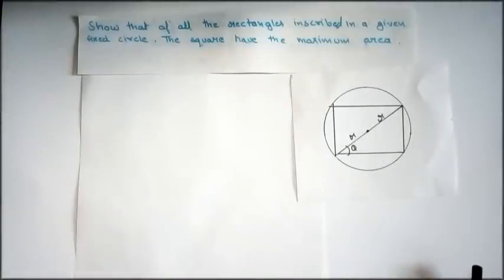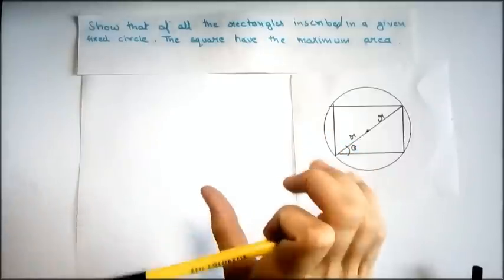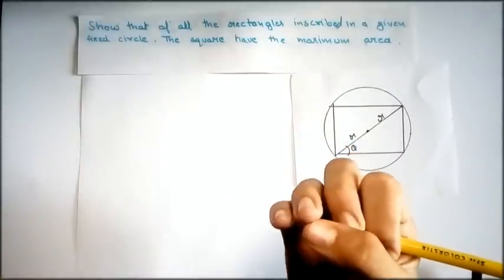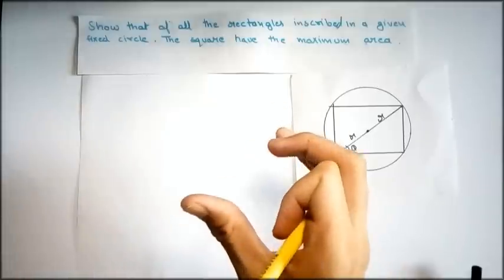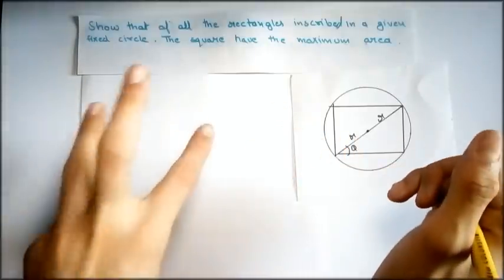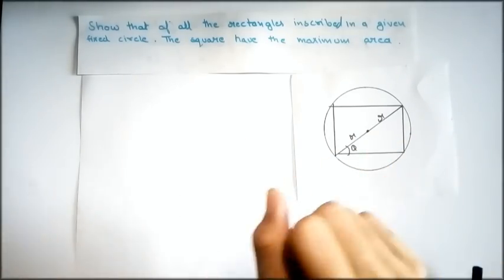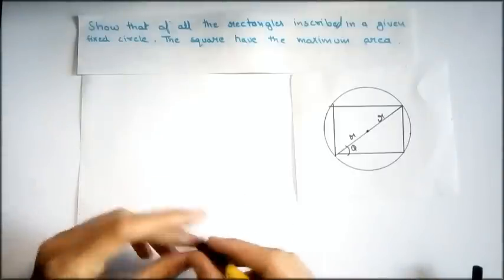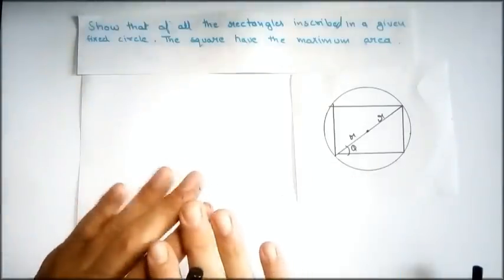These questions are asked like this: if you inscribe a cube in a sphere, or a cone in a sphere, which will have the maximum area, which will have the minimum area. These are very important questions and they come up everywhere in this world.